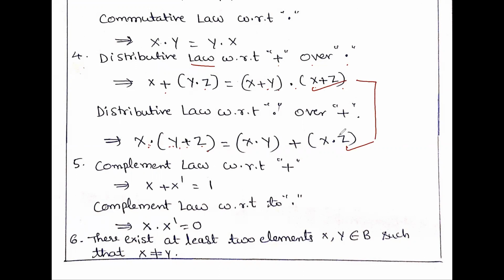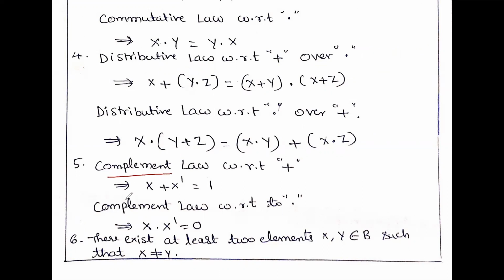These two are very useful in the simplification of Boolean functions. Let us take one example. Suppose we have a plus cd. We can simplify this as (a plus c) into (a plus d) with the help of the distributive law. This is the way of applying the distributive law during simplification of Boolean functions.